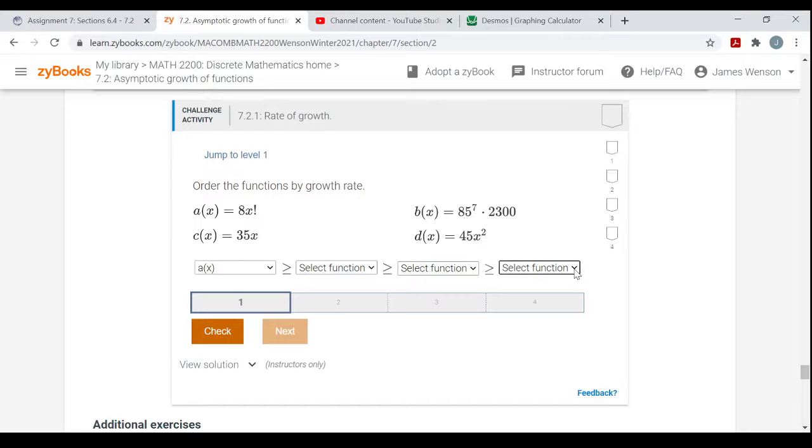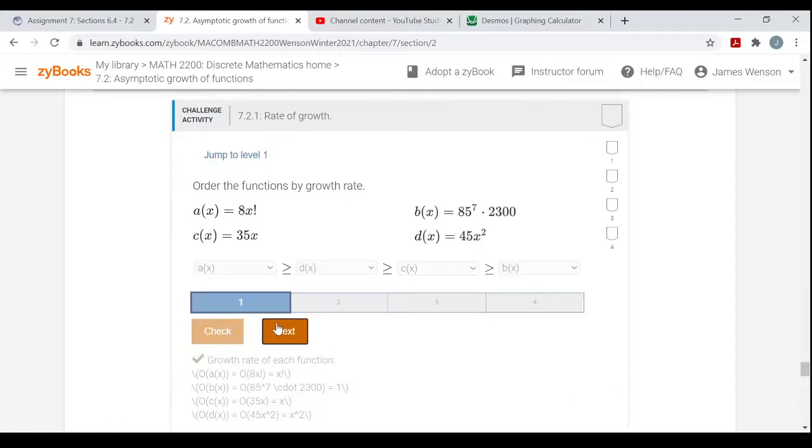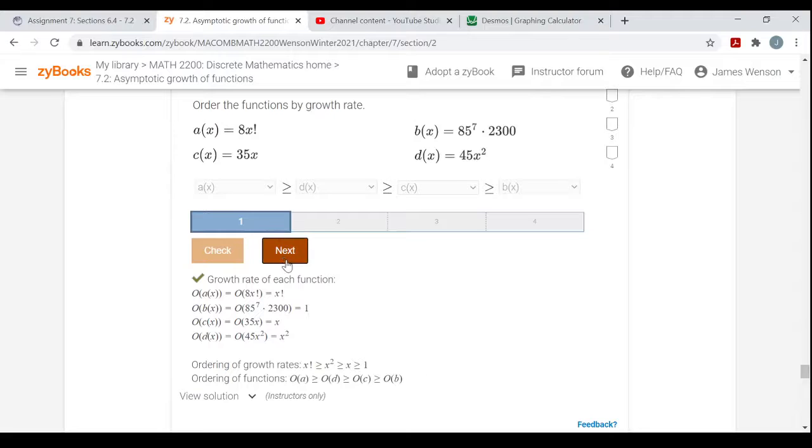I'll put this at the end. All right, b of x. Then you have your linear and quadratic. The quadratic's going to go faster than a linear will. So d of x second, c of x third. And now I've got them in order from fastest growth rate to slowest growth rate. And again, you can refer back to that chart often if you wish.